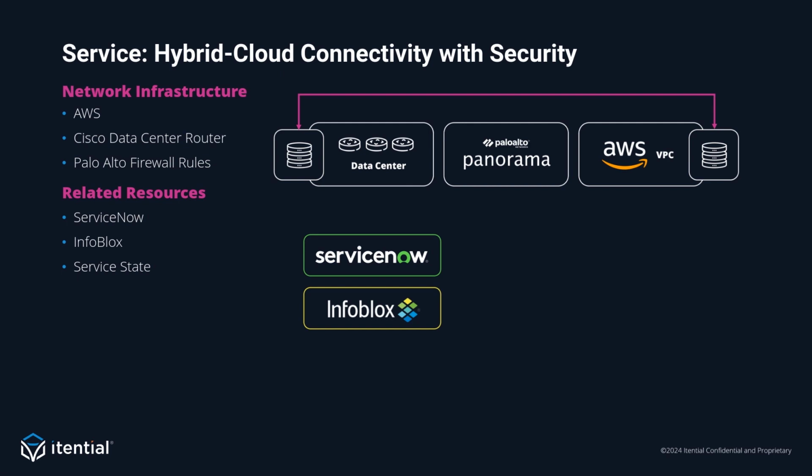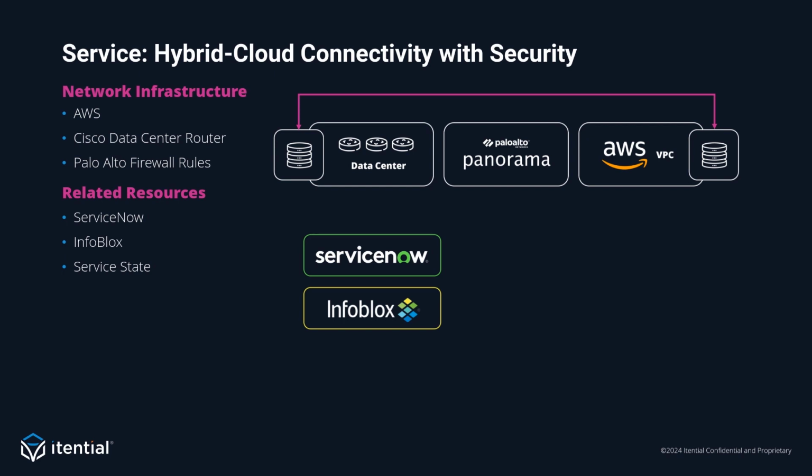What else would be useful for us to associate with a service instance, along with the infrastructure pieces? What about something from ServiceNow? A change request ticket that we can open, but maybe we should keep track of the change request ticket, or maybe ServiceNow also has a customer ID or a service ID that's associated with this.